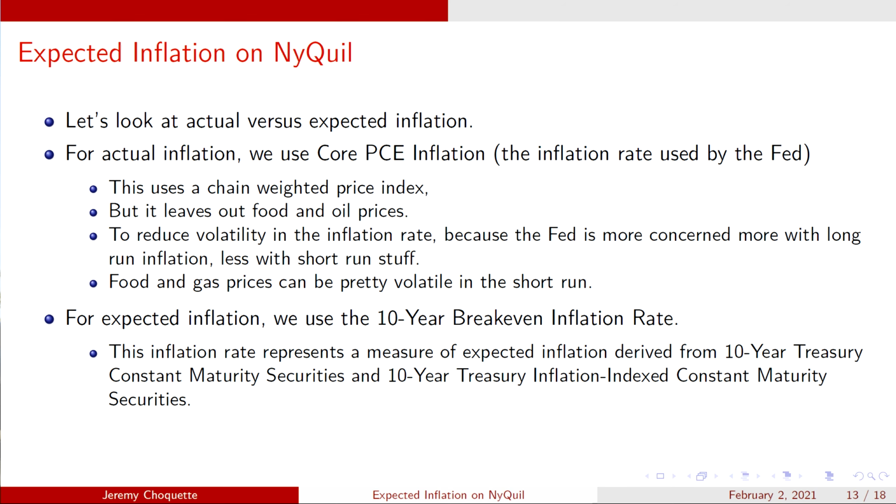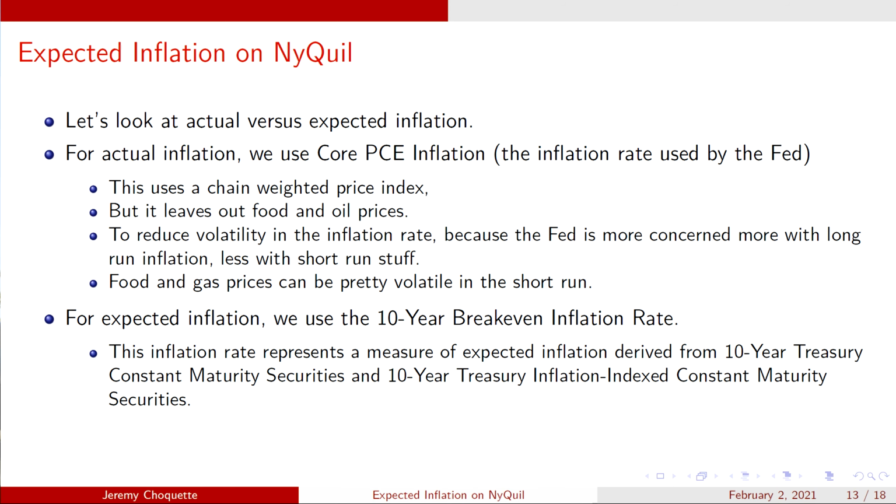And then there's also an inflation indexed 10-year Treasury bond. Because of inflation, especially weird deviations in inflation over the next 10 years, this particular security will actually pay based on changes in the inflation rate.